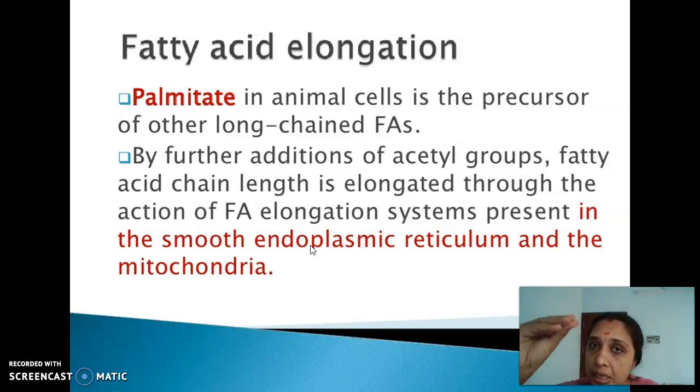That is, after adding, there is the release of a carbon dioxide. Condensation is followed by the release of carbon dioxide, and 2 carbons get attached. The C18 fatty acid is called stearic acid. The product after condensation is known as 3-keto stearoyl CoA, which is followed by reduction carried out by NADPH.